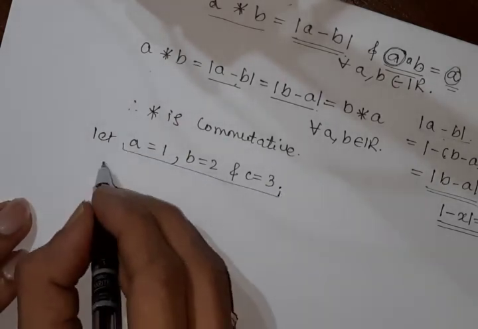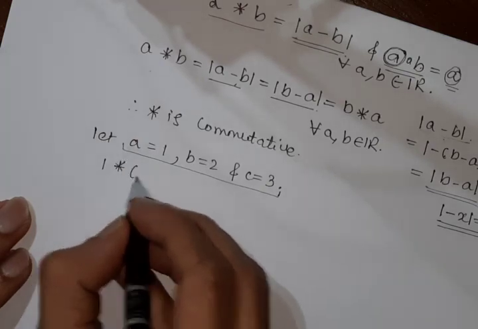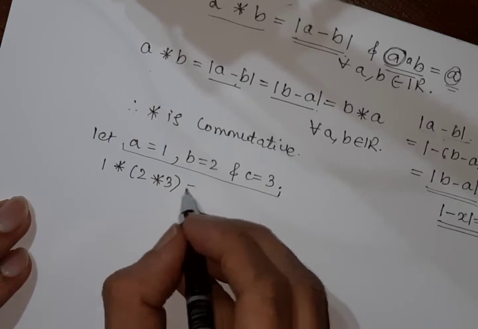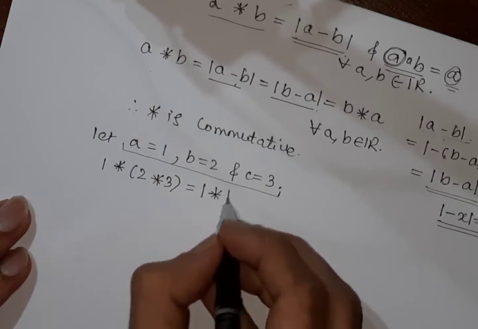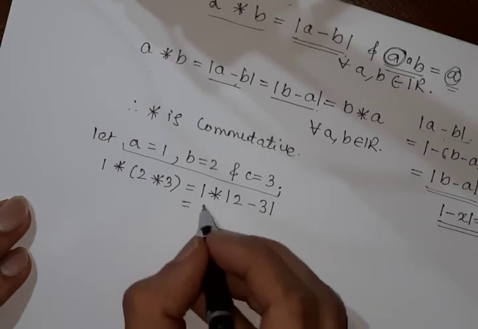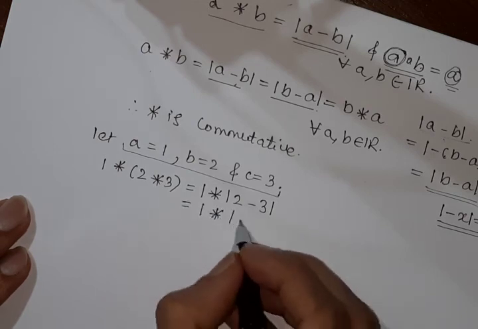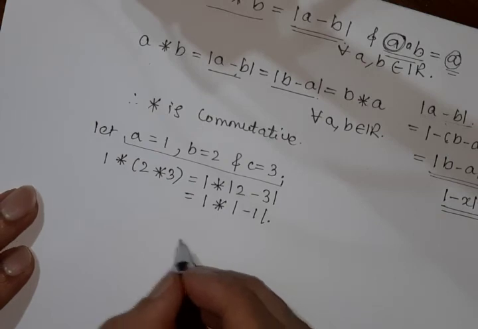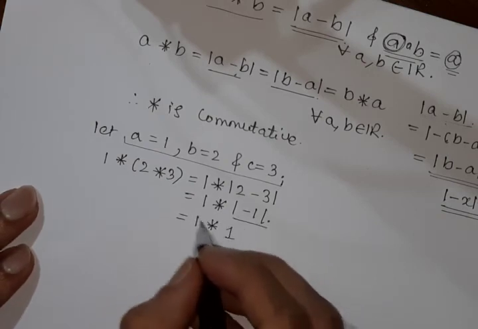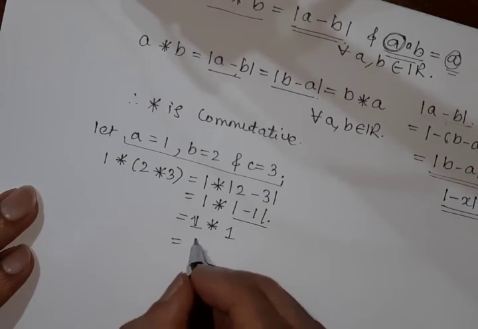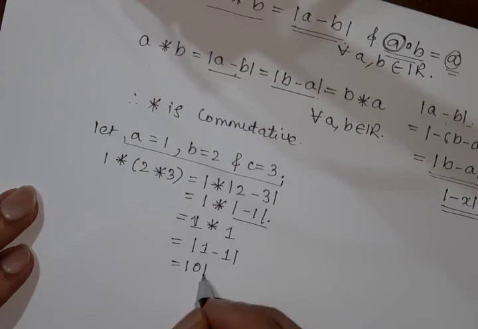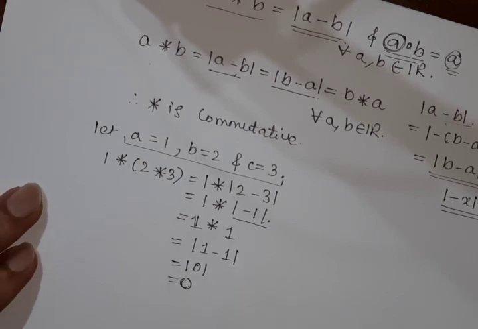You have to first look at 1 star (2 star 3), which is equal to 1 star modulus of 2 minus 3, which is 1 star modulus of minus 1, which is 1 star 1. That is modulus of 1 minus 1, which is modulus of 0, which is equal to 0.